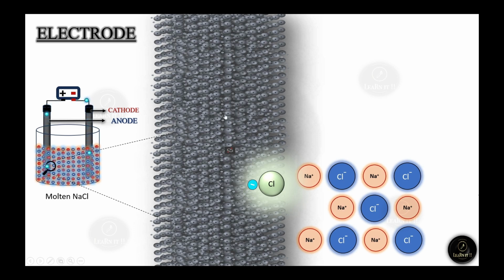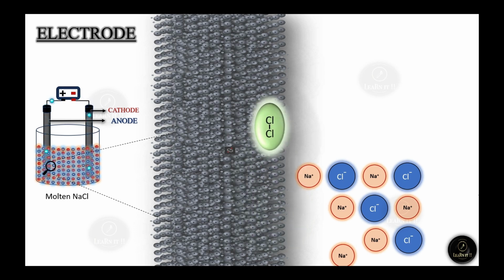So as the electrons are consumed by the positive terminal, electrons move towards the positive terminal. Same way, another Cl minus gets attracted towards the electrode, oxidation takes place, and Cl minus is becoming the chlorine atom. So these two chlorine atoms combine to form chlorine molecule.